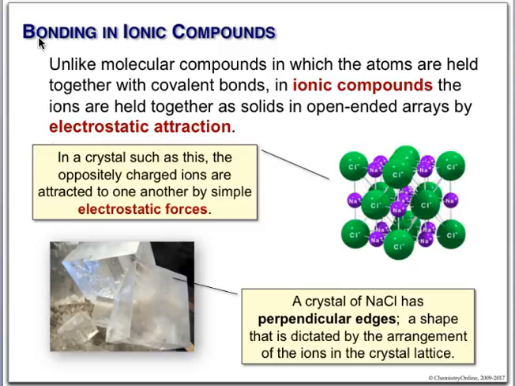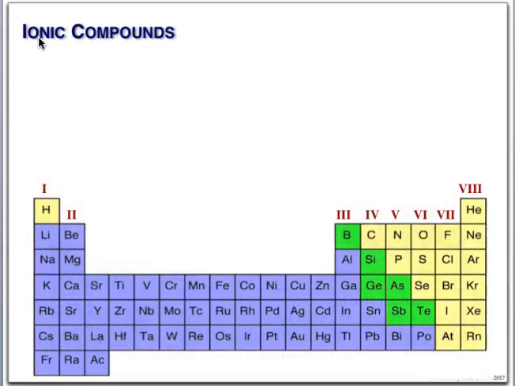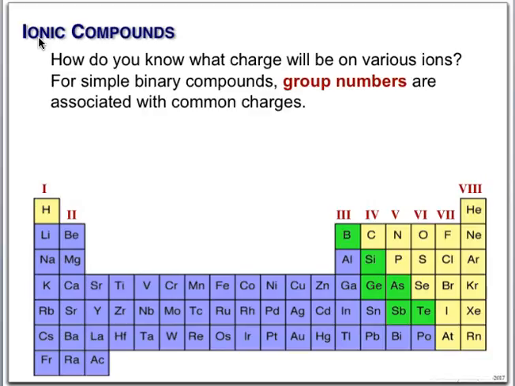Now I said that sodium was going to give up its 1 electron to chlorine, right? How do we know that? Well, we know that because we look at our periodic table. Remember we talked about our groups here, 1 to 8. And I said that was a good thing to use those as our group numbers.